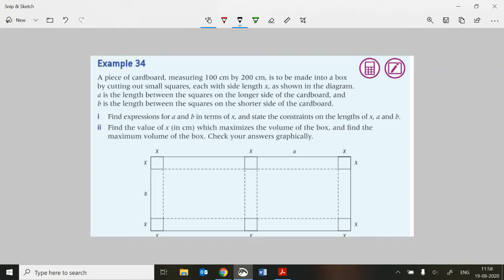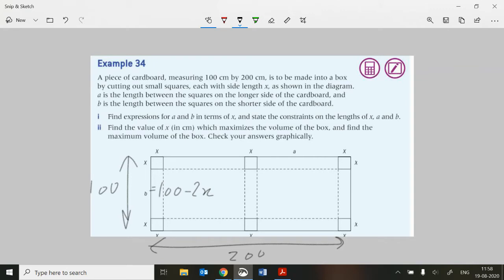Well, there's some overlapping which is necessary according to the diagram of the net here. So we are going to have to go with that. We've got 100 and we've got 200 there. Let's find expressions for a and b. Well, b is obviously equal to 100 minus 2x, and hopefully you can see that a, where's a?